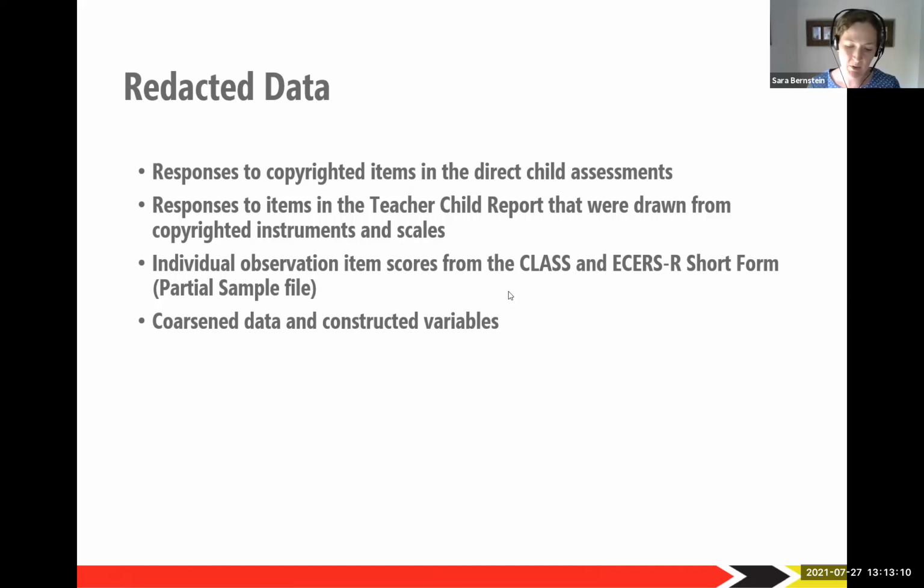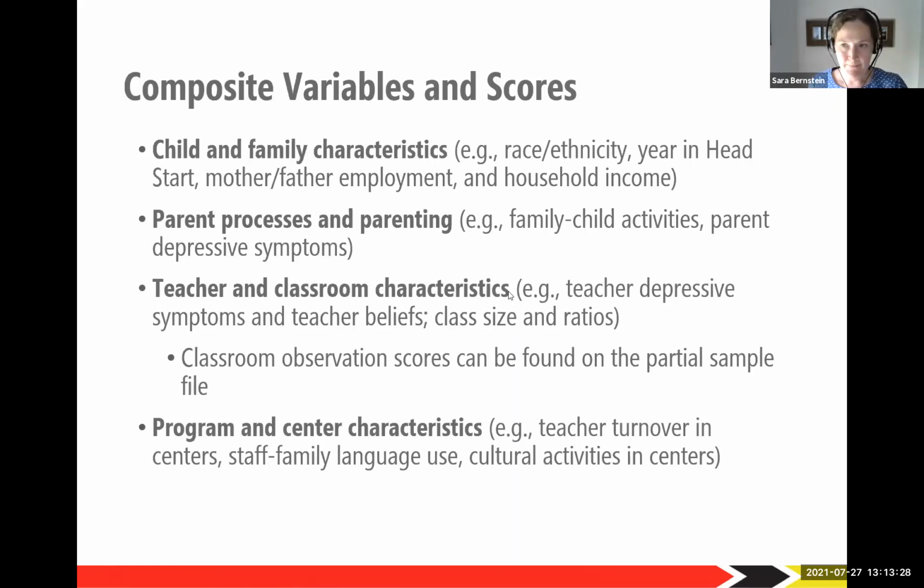That composite pulls from multiple sources so that we can just give it to you as a single variable, as opposed to this person answered in hourly wages and this person answered in dollars per year. We pull that all together for you. Okay. So the composite variables and scores fall into 5 groups, with the first 4 listed here and the 5th we'll get to next.